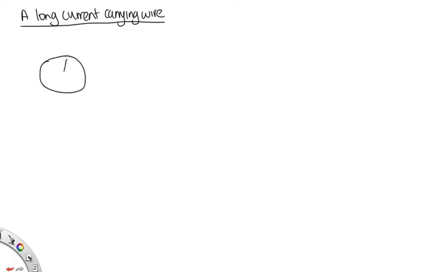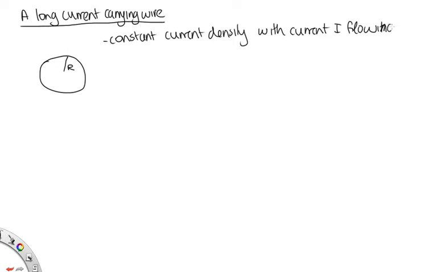Let's first of all consider a long current carrying wire. We'll let it have a radius R, and it's got constant current density, with current I flowing through it.